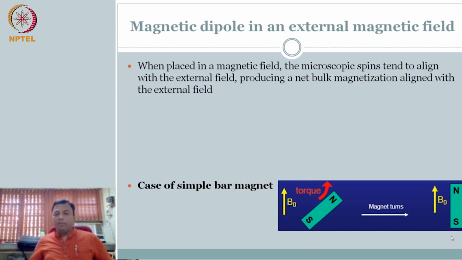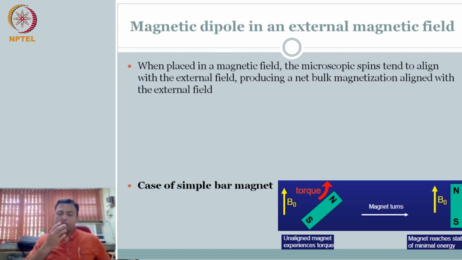So the bar magnet will turn to align itself. It is experiencing a torque, and that torque makes it align into the North Pole direction. So this has to be your resting state, which will be your low energy state. And naturally, initially when you started, it was in a high energy state. So an unaligned magnet experiences torque, and the magnet reaches a state of minimal energy. So this is the case of the simple bar magnet.